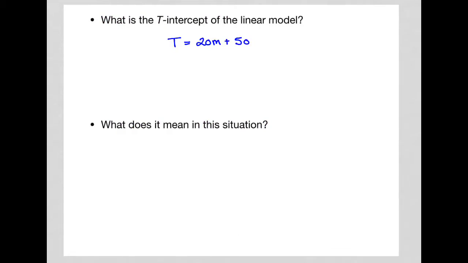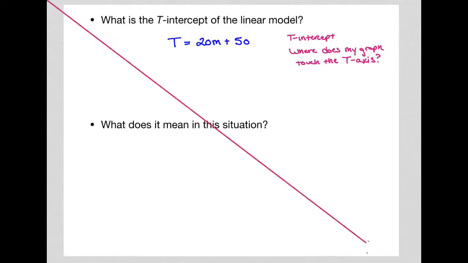So again, with your t-intercept, the question that you want to ask yourself is, where does my graph touch the t-axis? Sorry, I should make that a capital T axis.